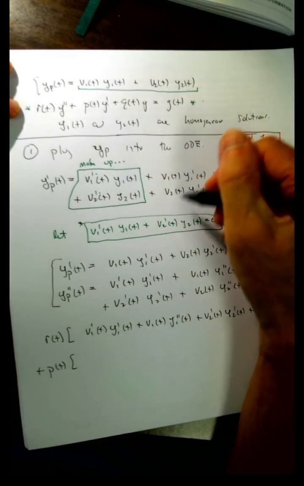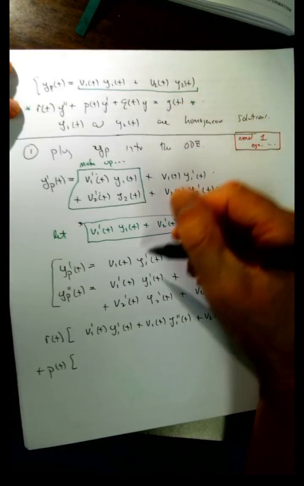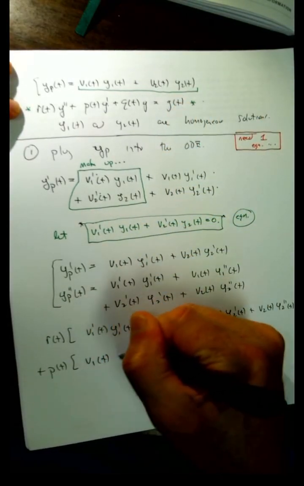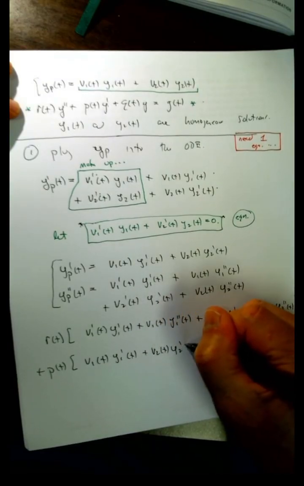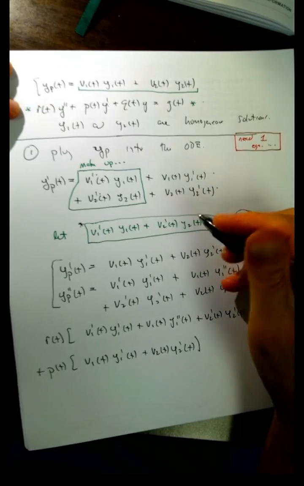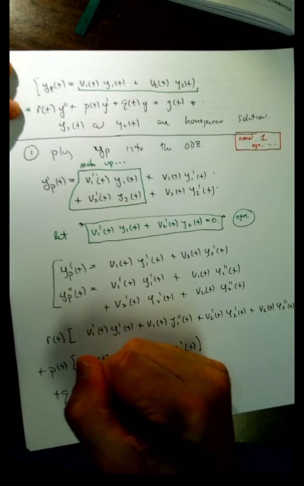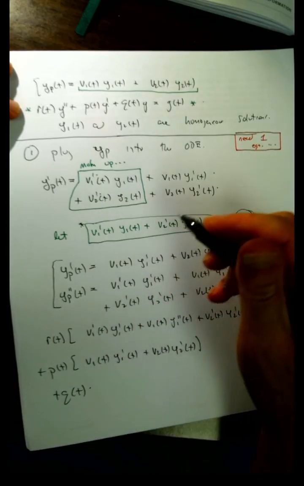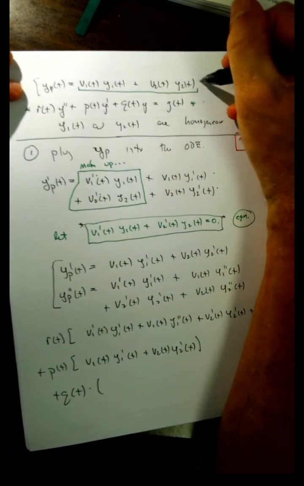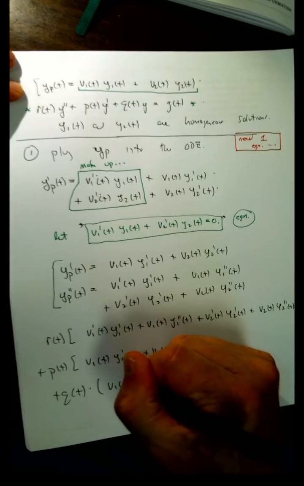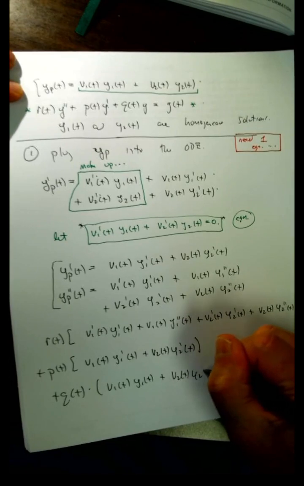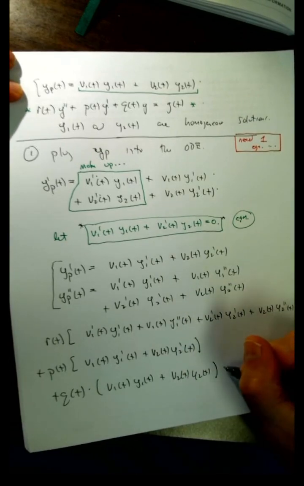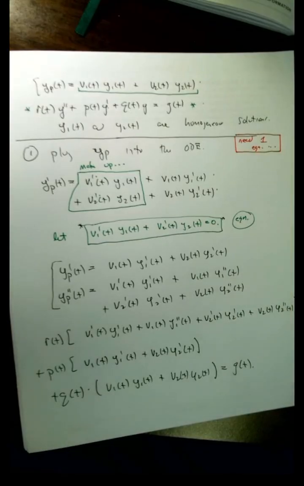Y prime is going to be now, so since those are 0, I'm just left with this term. Gives me v1, y1 prime, plus v2, y2 prime. And then finally, plus q of t times my y, which is up here, is my v1, y1, plus v2, y2. And I know that has to be equal to g of t for everything to work out. All right, so that's a mess.